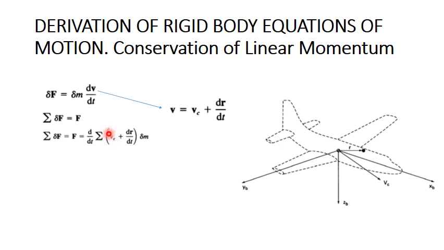Since Vc is the same for all elemental masses, and assuming a constant mass, we get F equals m, this is the summation of Δm, times dVc/dt, d/dt operated on Vc, plus d/dt of the summation of dr/dt times Δm.